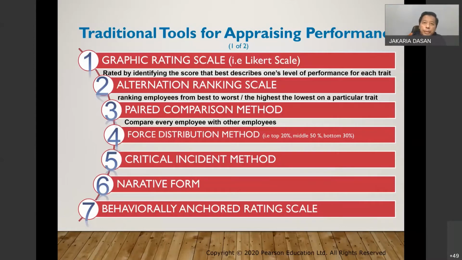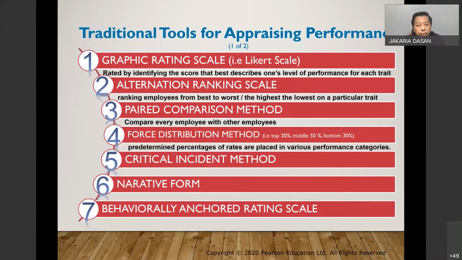The fourth is the forced distribution method, whereby in a group of employees, let's say 10 or 20, whatever the number is, you try to figure out, based on the productivity of the organization, what is the logical percentage of employees that really assist the organization in achieving the success of any particular endeavor, the achievement of the goal.